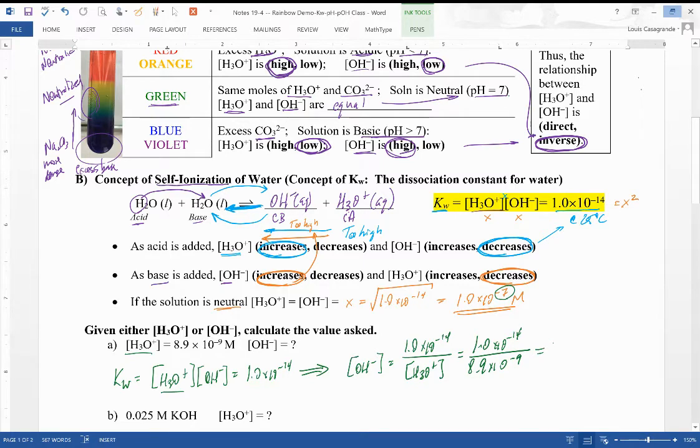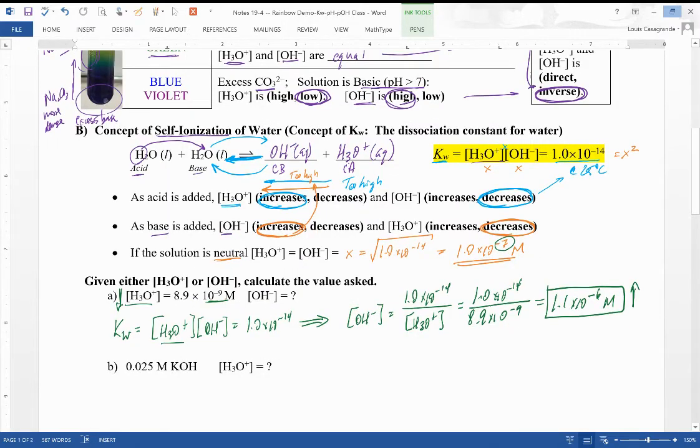And when you do that math, we get 1.1 times 10 to the minus 6 molar. And if we multiply it back by H3O plus, we should get 1.0 times 10 to the minus 14. So notice, compared to 10 to the minus 7, the hydronium concentration was low, and so the hydroxide concentration came up a little bit.